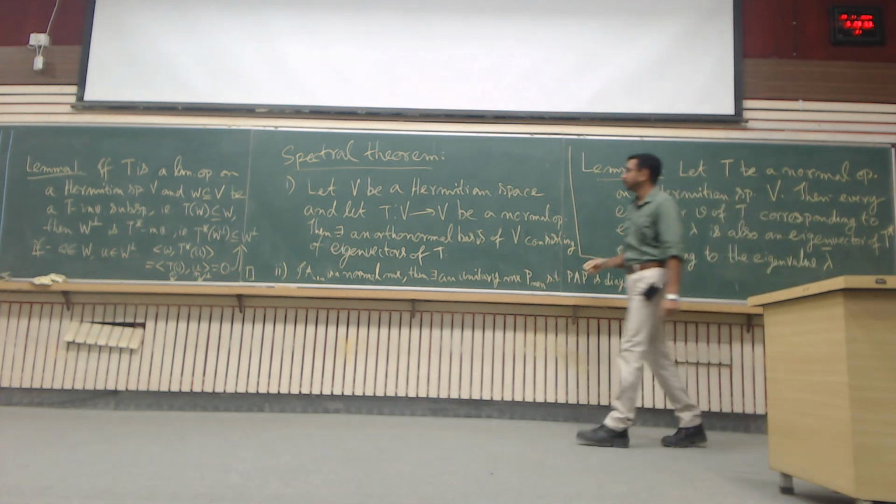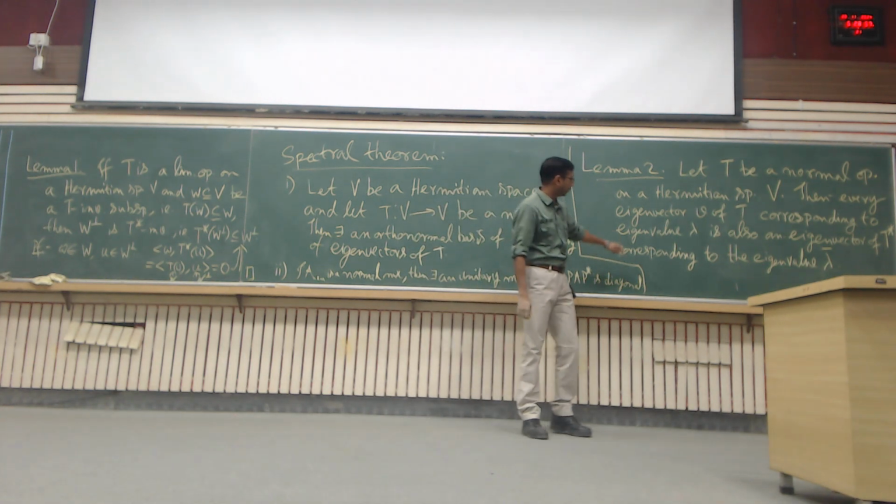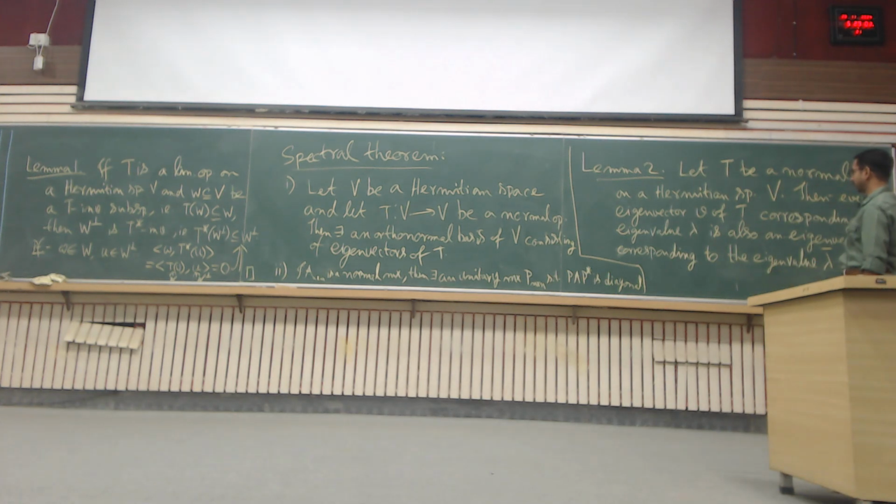Okay. So we are assuming that T is normal, and we are going to show that if small v is an eigenvector of T corresponding to lambda, then v is also an eigenvector of T star corresponding to lambda bar.